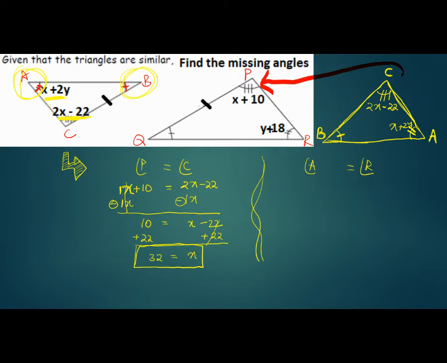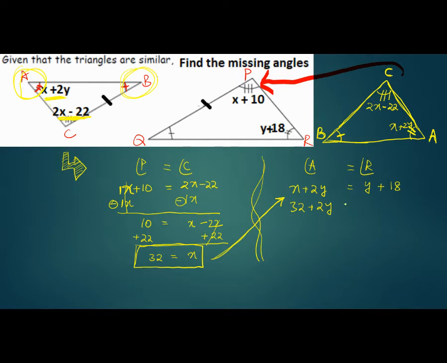Next, angle A equals angle R. Angle R, I see that y plus 18. Angle A is x plus 2y. Now, at this point, plug in the value of x, because just now I computed x is 32.